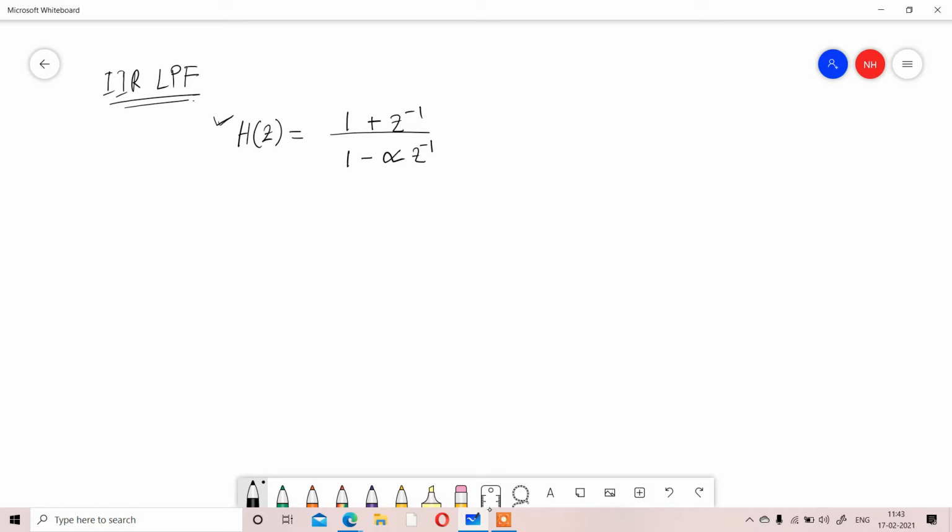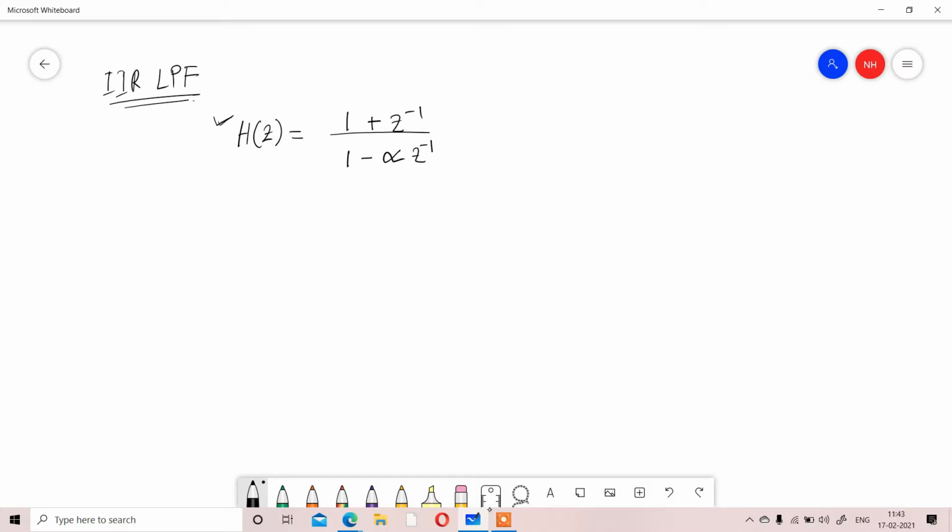We will check that this filter is a low pass filter. Now the matter is that, before starting the filter class, I have told you that all the filter responses must be stable. So that filter must also be stable, and the condition is that the filter will be stable only when the value of alpha is less than 1. Why?